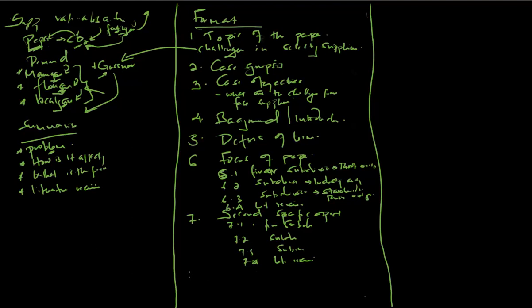Then 8, we have what you call your summary. Then 9, you come up with your conclusion and recommendations that has come from your analysis here, or your analysis here.